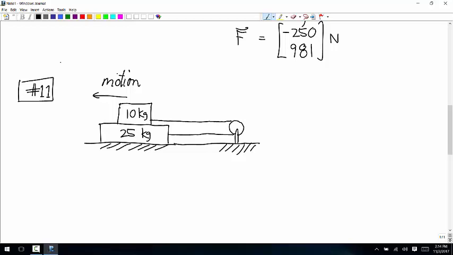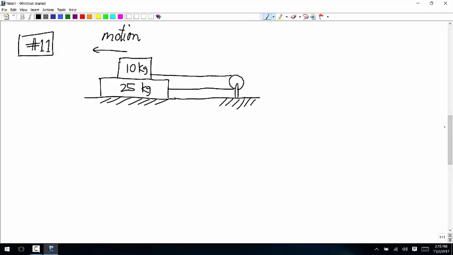We're going to use that for the relationship between the accelerations of those two objects. First I'm going to isolate the 10 kilogram box and use Newton's second law. It turns out in this case that won't be enough, and we'll also have to isolate the second one and solve it as a system of equations.